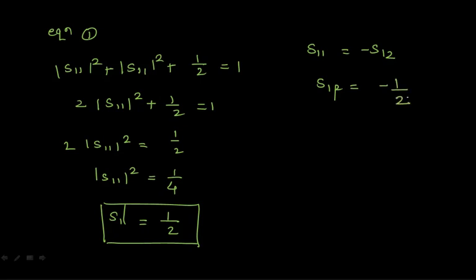Now I have got all the things, that is S13, S11, S12. The only thing left is S22. So how to find S22? I have S22 in equation number 2: S12 square plus S22 square plus S13 square is equal to 1.